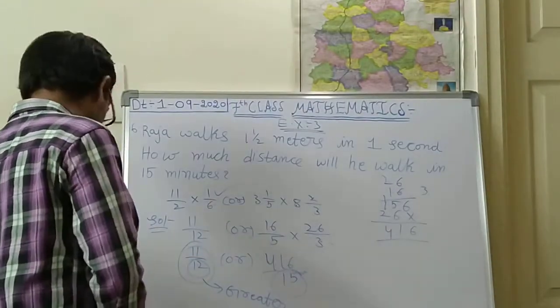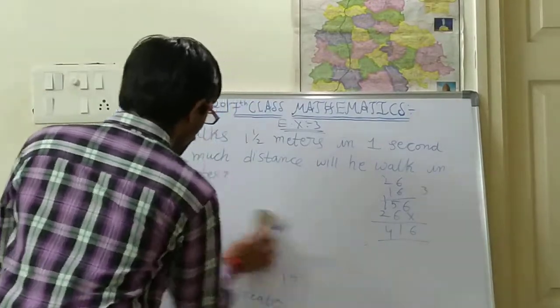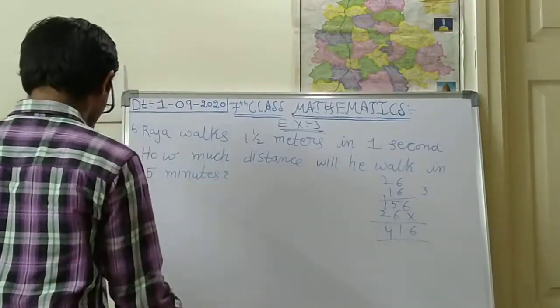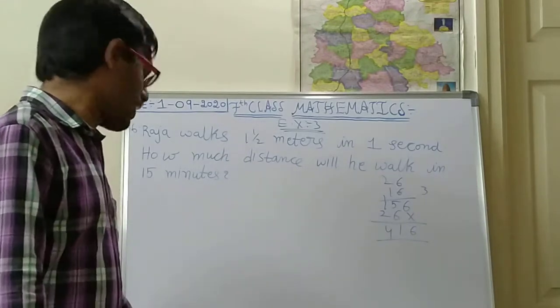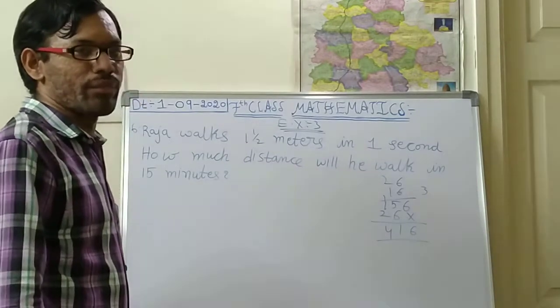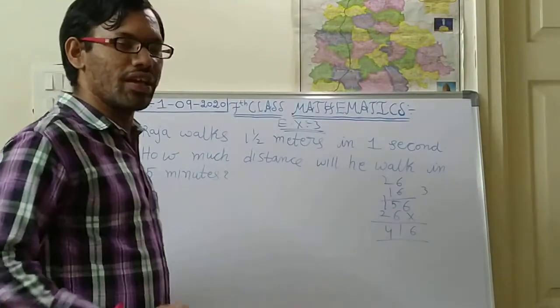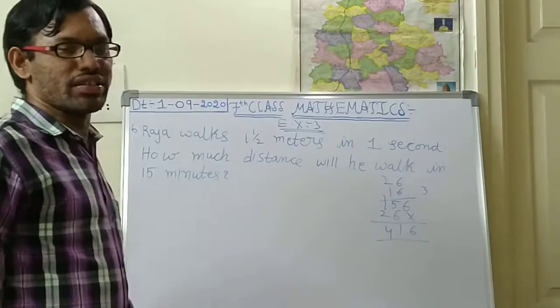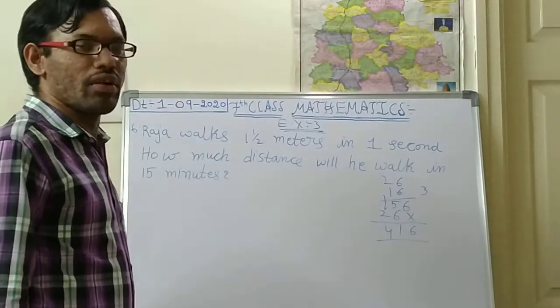Next, one more homework problem I have given, which is a word problem. Raja works for 3 1/4 hours per day to complete his work. He completed that work within 10 days, working every day for 3 1/4 hours.